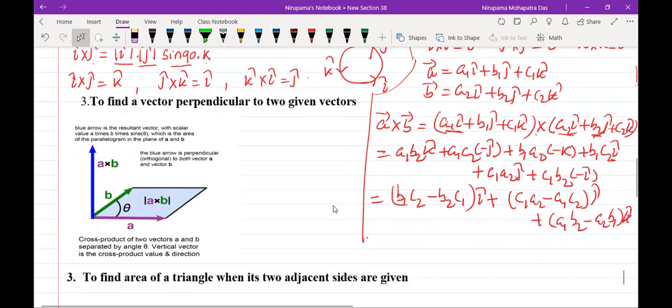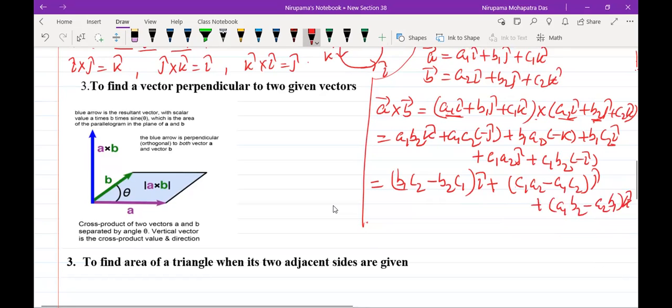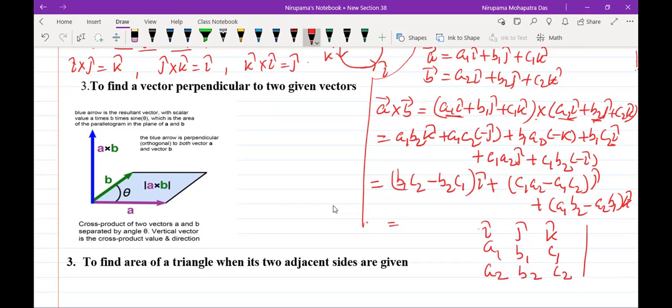Okay, so don't worry, you don't have to remember this huge product. The simplest way, if you just look at this, it is actually I, J, K, A1, B1, C1, A2, B2, C2. So the determinant of this. It means A cross B equals the determinant containing I, J, K, then A1, B1, C1, A2, B2, C2. So don't forget to write it in proper order.